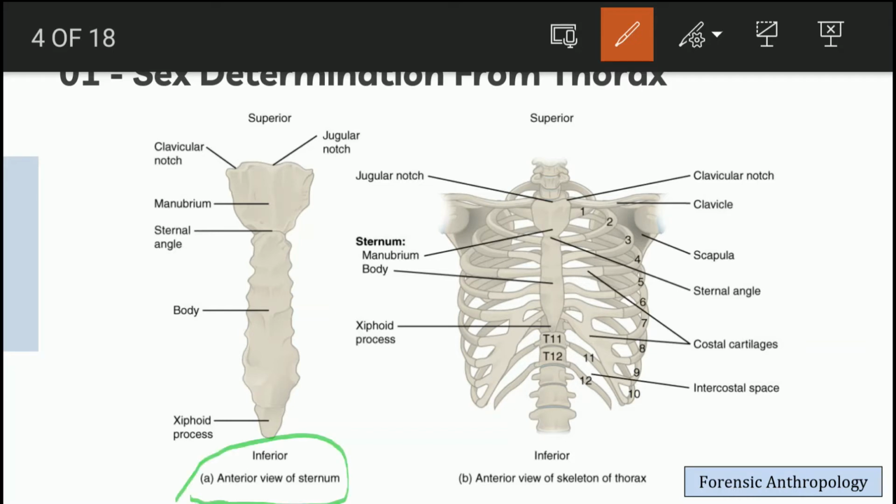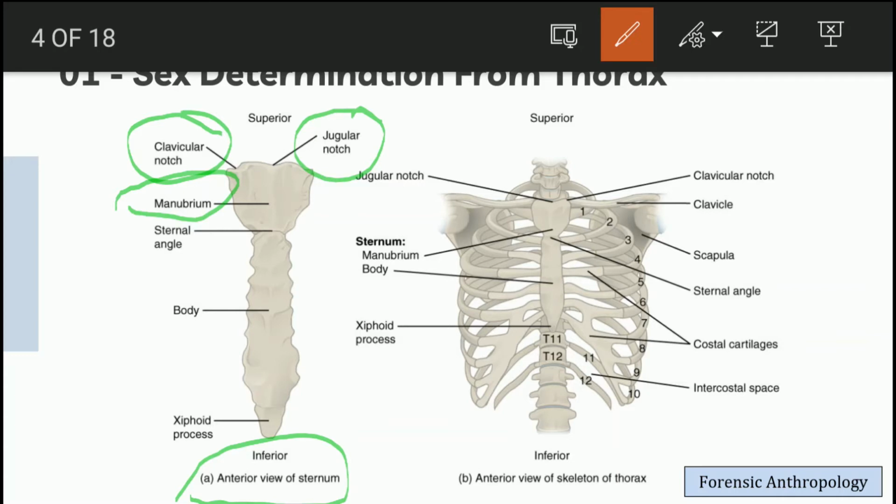The first point is the clavicular notch. It is an oval articulation surface directed upwards, backward and lateralward for articulation purposes. Next is the jugular notch, a neck dent, large and visible, deep between the neck and the manubrium. Now what is manubrium? Manubrium is stated as the head of the sternum.